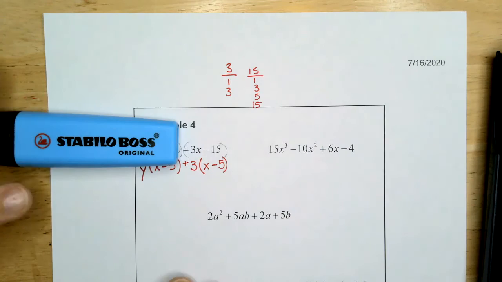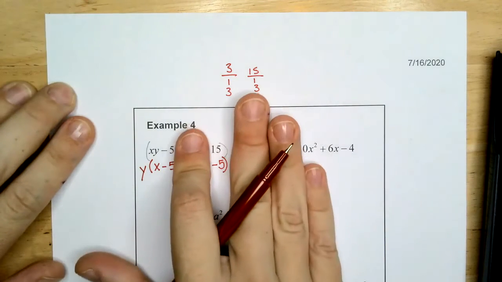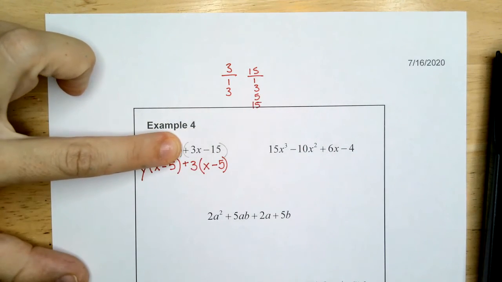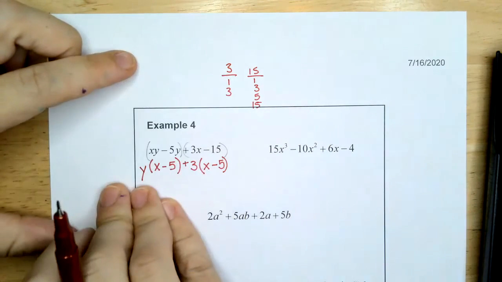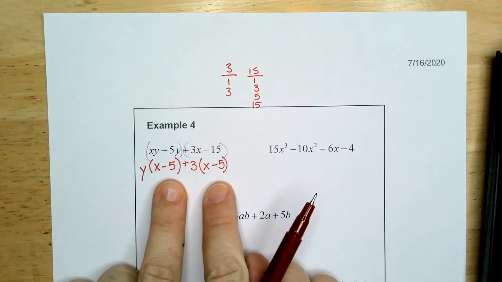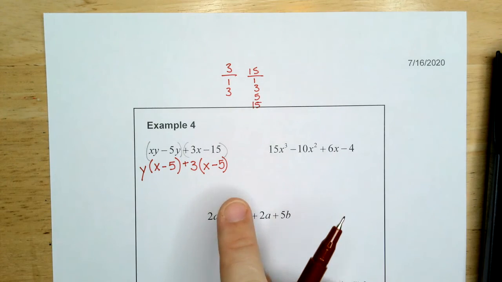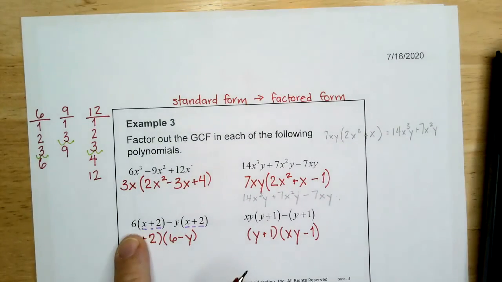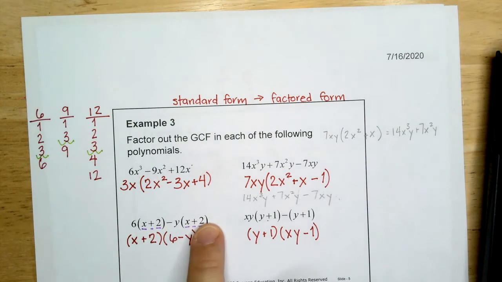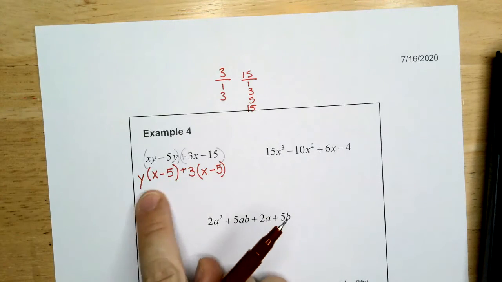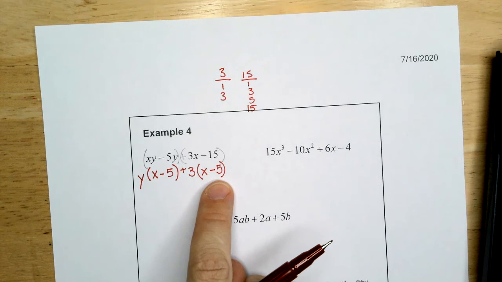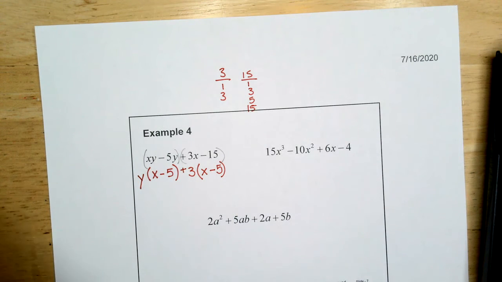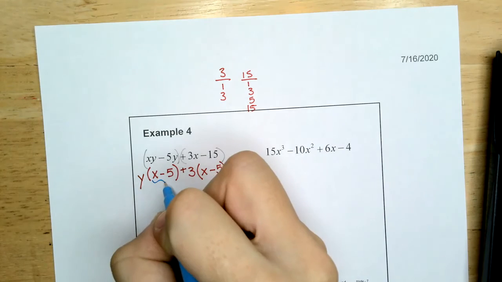So I have found a common factor for these two and a common factor for these two. I took out the common factor and I ended up with something that looks a lot like this one, right? It looks just like this, but I found it myself because they both have x minus 5, right?